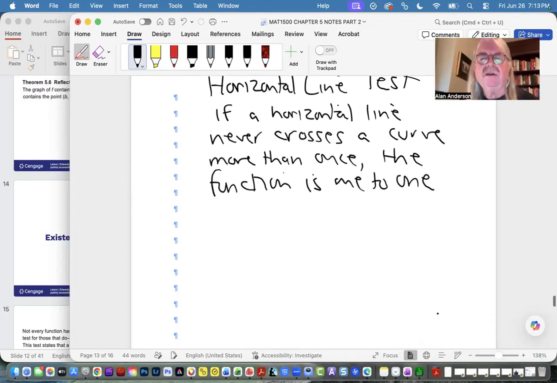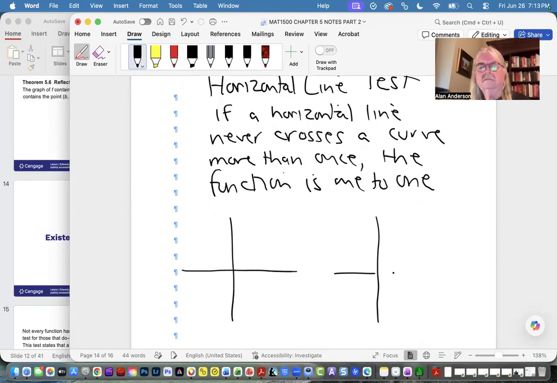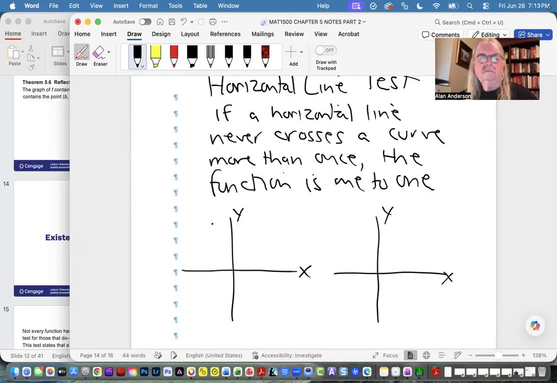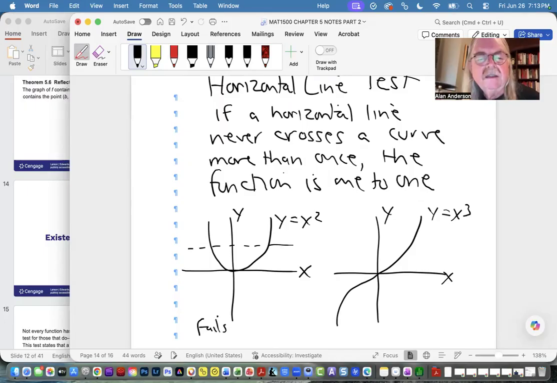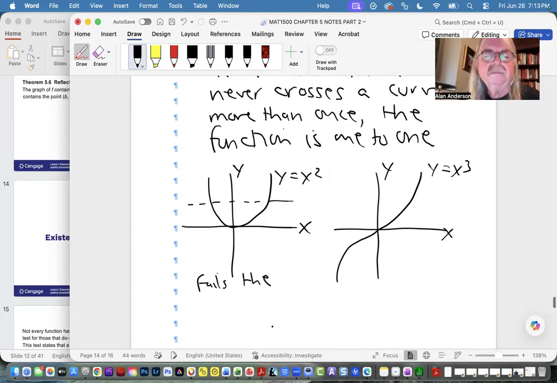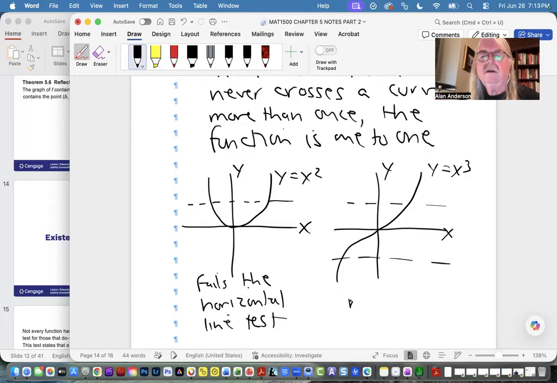So let me show you a couple of cases here. You can see already this one fails the horizontal line test. This one passes the horizontal line test.